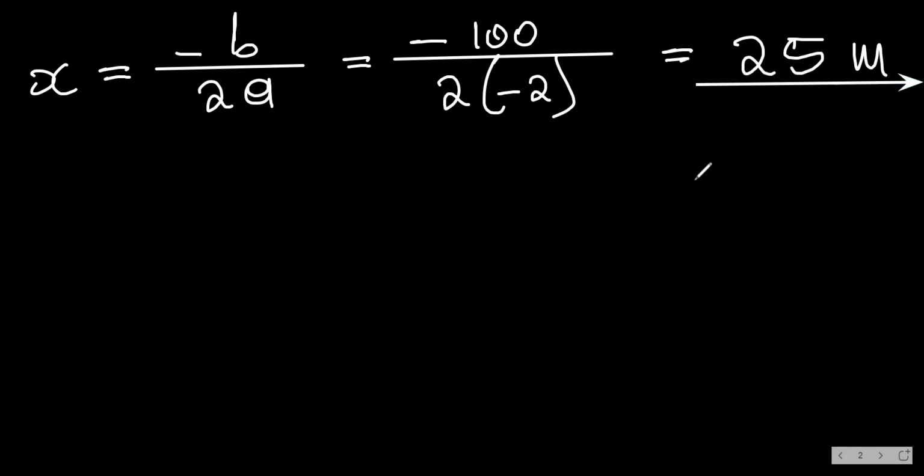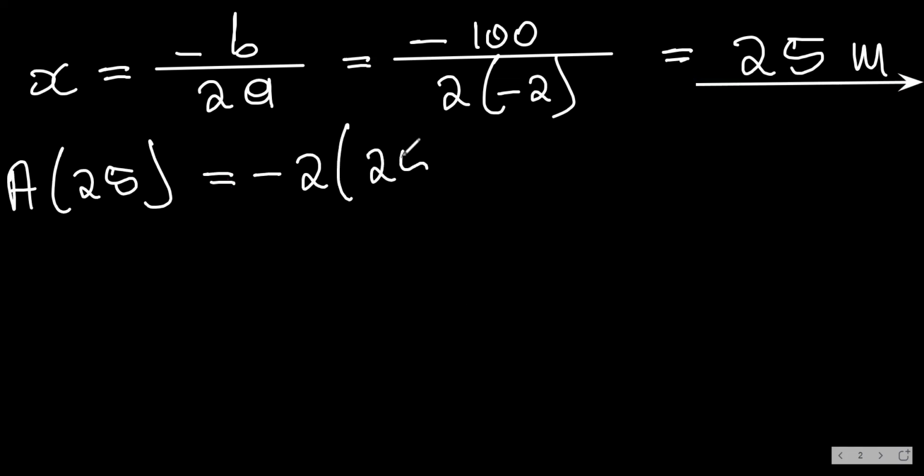Now that we know x, we also need to find y, by substituting this 25 into the area function in order to get the y-coordinate of the turning point. So it's going to be negative 2 into 25 squared. Oh, by the way, the question didn't really say we should find this maximum area.